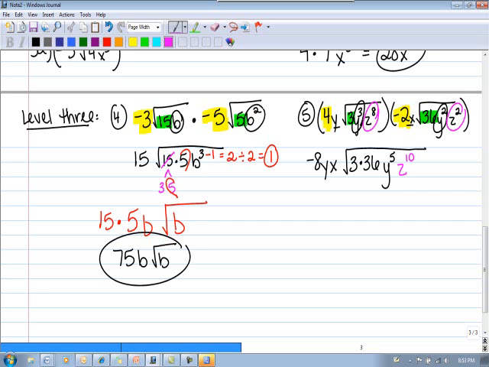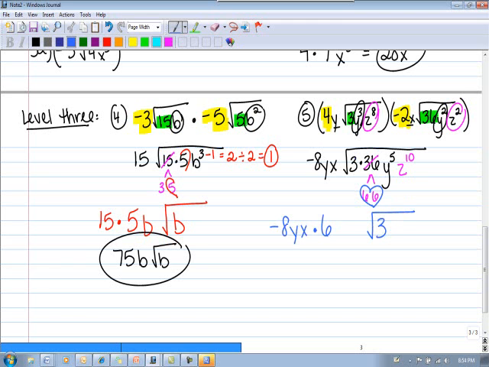I'll go ahead and break down the 36 into 6 and 6, which means that I have a pair of 6's that I can pull out. So on the outside, I now have negative 8yx times 6. Inside, I still have that poor lonely 3.